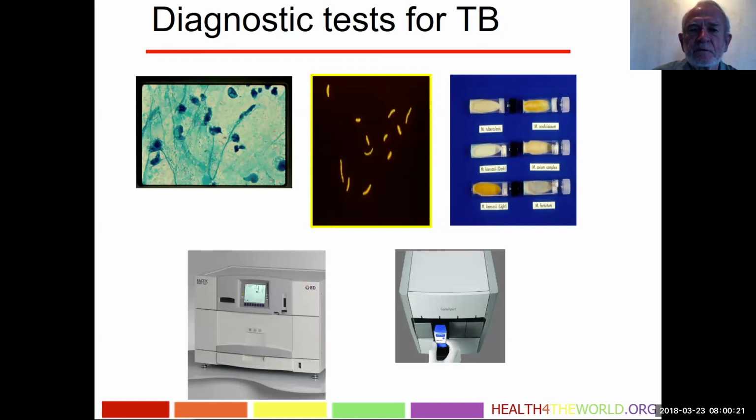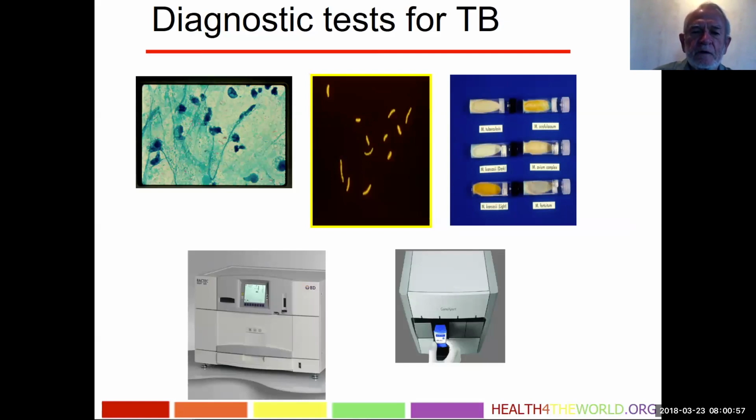In the middle panel, you see a microscopic field with fluorescent staining so that the organisms stand out much more clearly against this dark background. In the right-hand panel, you see culture on Lowenstein-Jensen solid media, and there are cultures of Mycobacterium tuberculosis as well as a number of the non-tuberculous mycobacteria, just showing their differences in appearance.